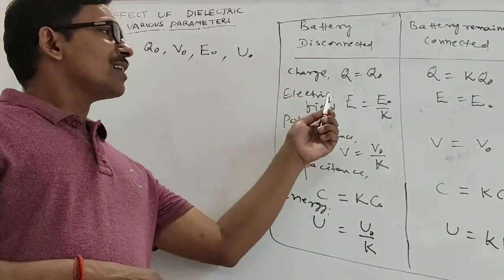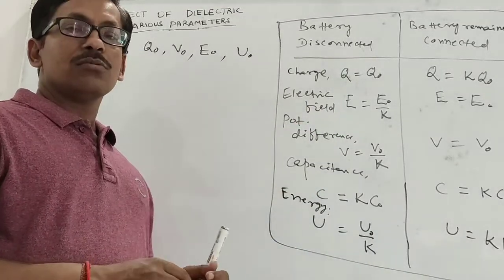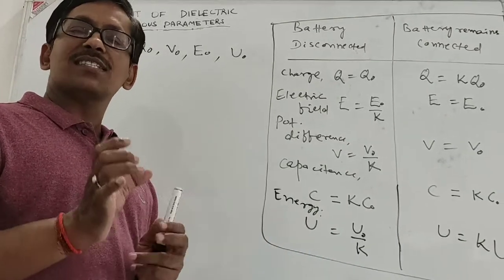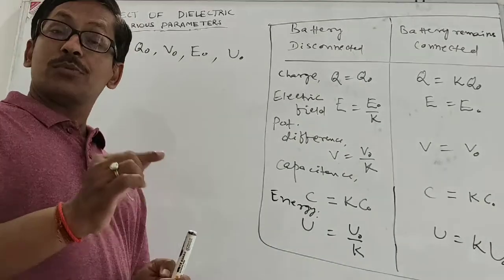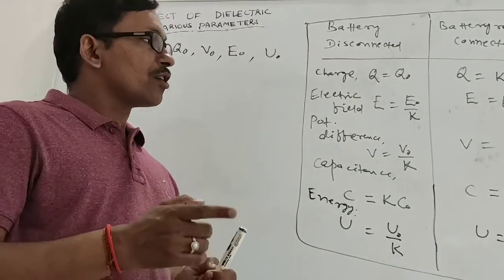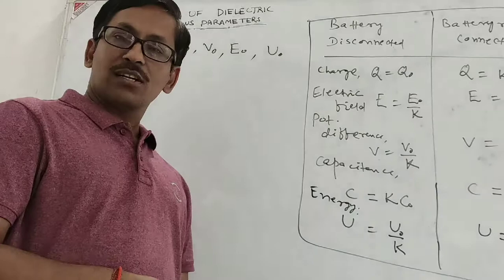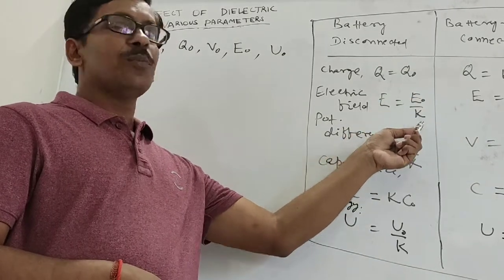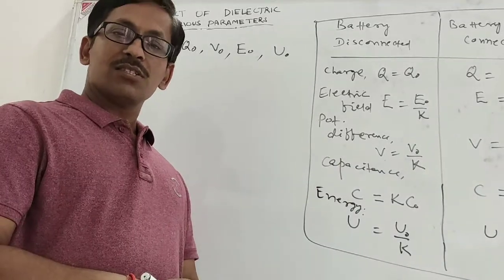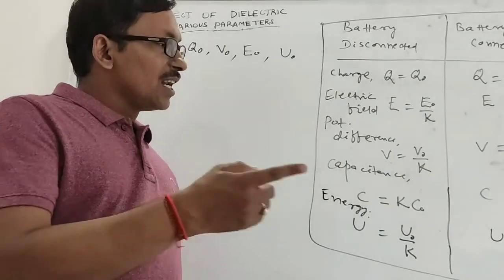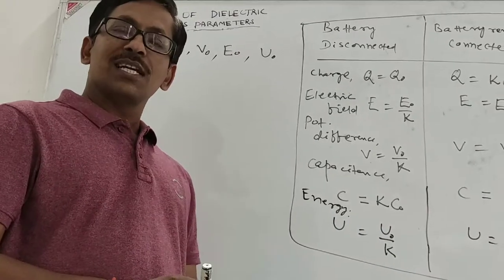Then what about the electric field? You know, when a dielectric slab is introduced in between the two plates, the dielectric slab is polarized. Because of the polarization, the electric field is reduced by the factor K, where K is the dielectric constant of the material. So the new electric field becomes E0 by K. As the electric field is reduced, what about the potential difference?